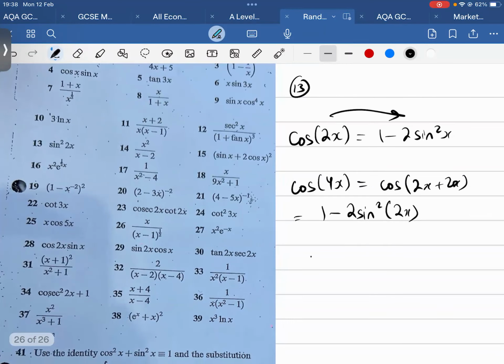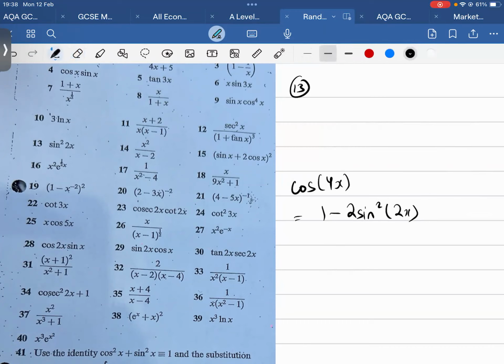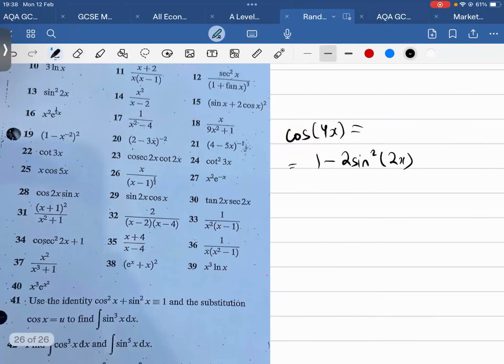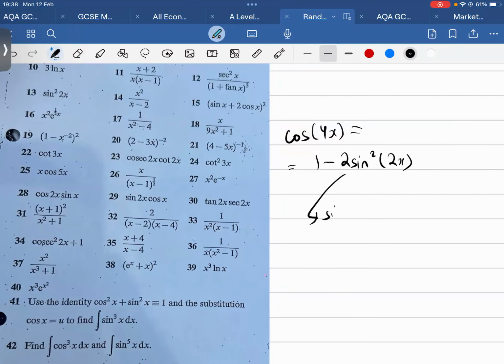So if we have to integrate sine squared 2x, let's try and write it in a different way. So let me just rub out everything else. Therefore 2 sine squared 2x would equal 1 minus cos 4x.